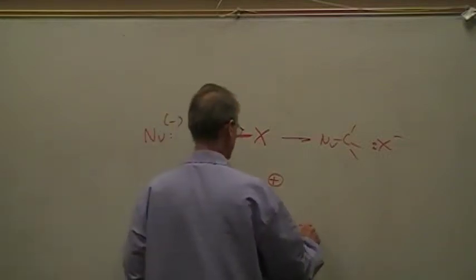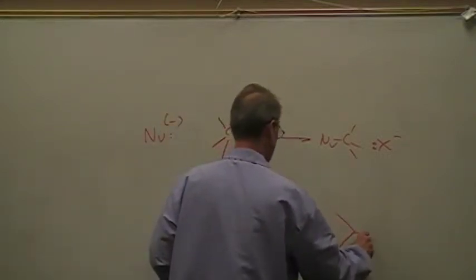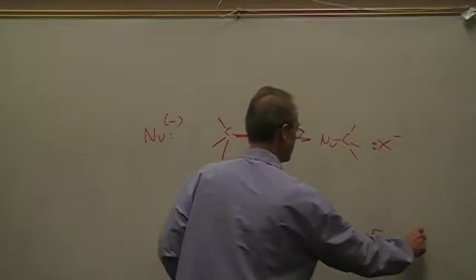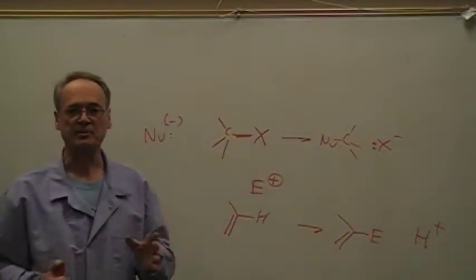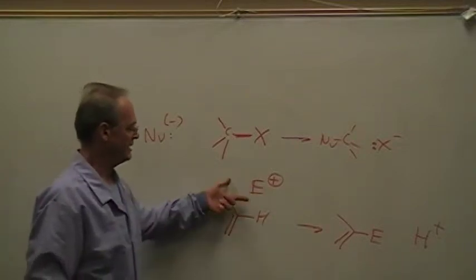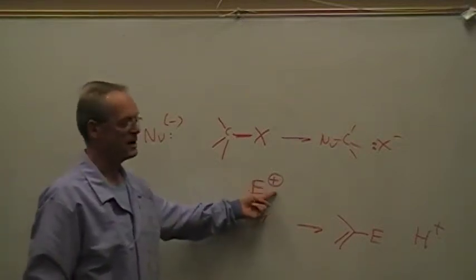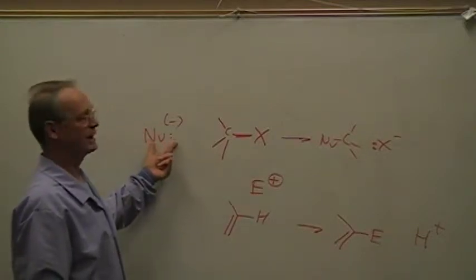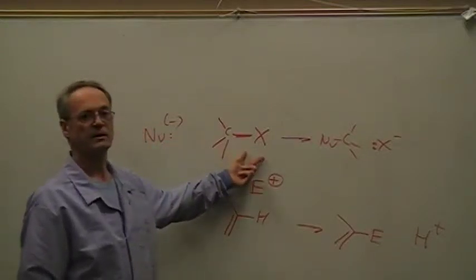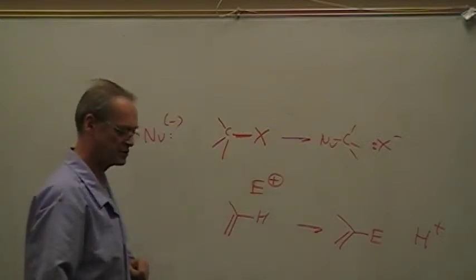So the net result is that the electrophile replaces an H+. So everything is the opposite. In electrophilic substitution, it's an electrophile that comes in, something that's positive, and replaces a hydrogen. In nucleophilic substitution, it's something negative that comes in and it replaces a halogen. So keep those in mind as we go through the reactions here in a minute.